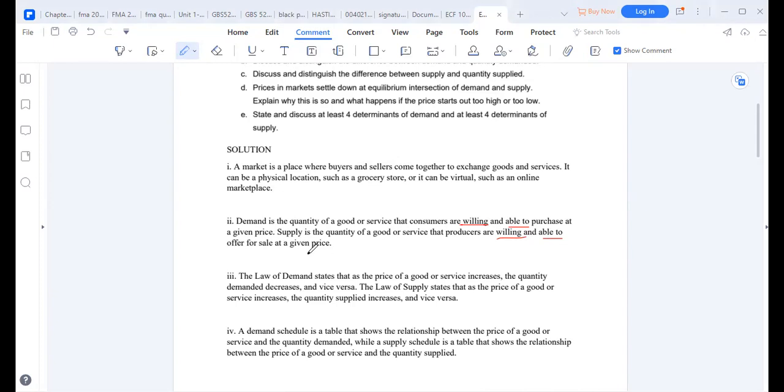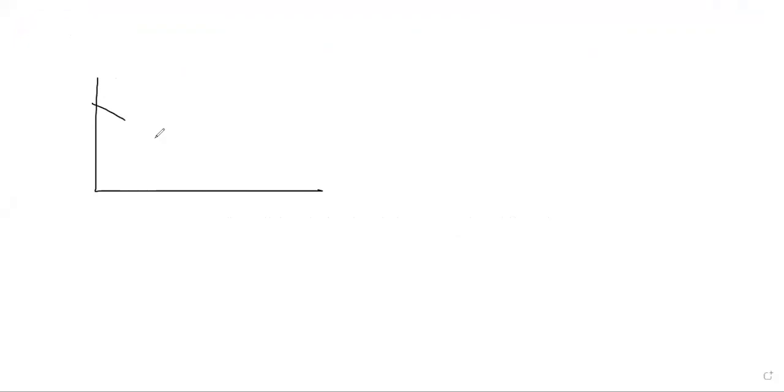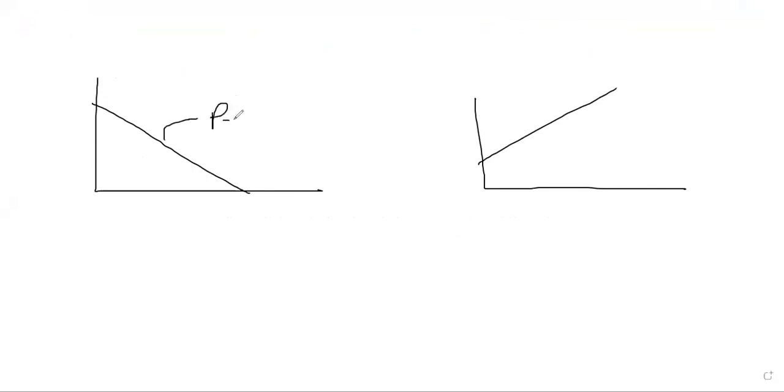So I may further on go to explaining the laws that surround these two components. Demand is always downsloping, supply is always upsloping. So the demand function is given by P = A - bQ. The supply function is given by P = A + bQ.